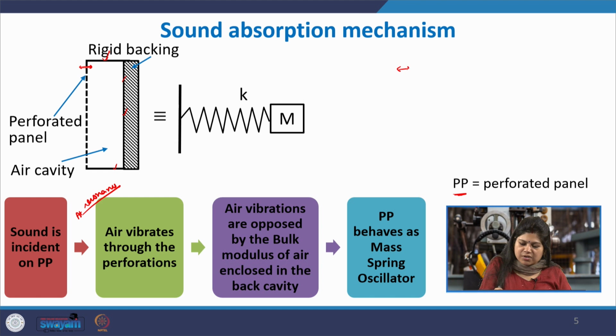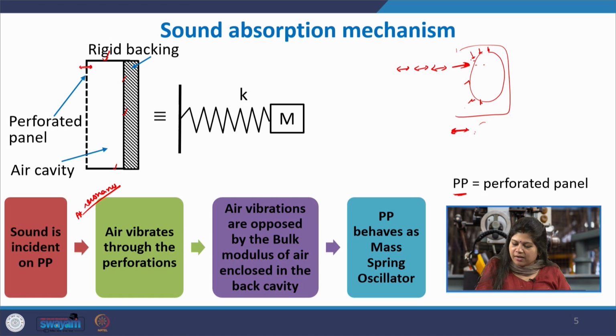Suppose this is how the particles are vibrating and hitting the confined air molecules. Whenever they move in one direction, the air particles compress the confined air cavity, and when they move the other way within the neck, the confined air cavity expands to accommodate.